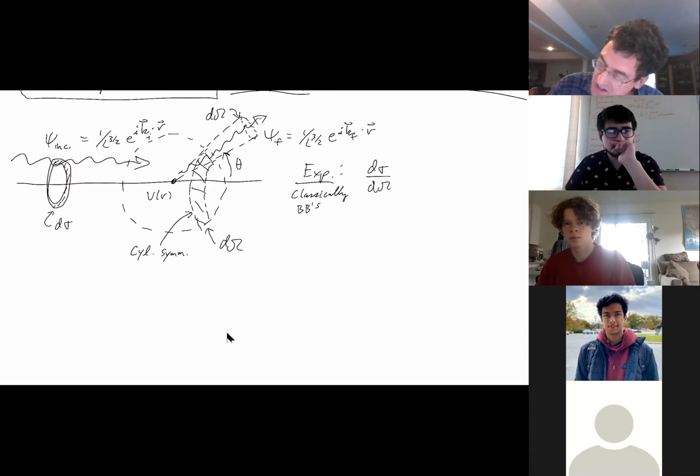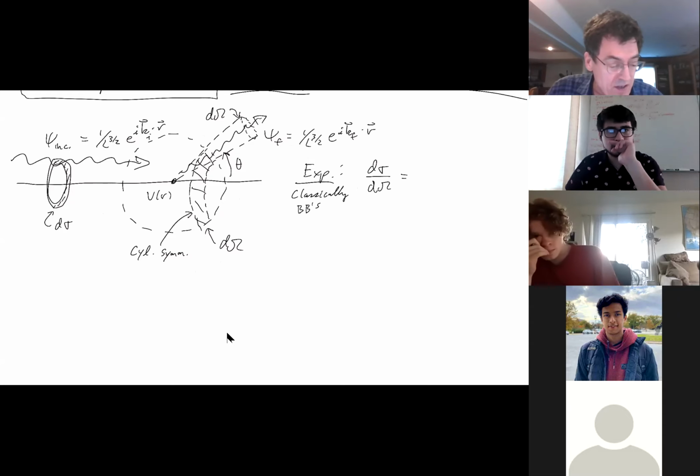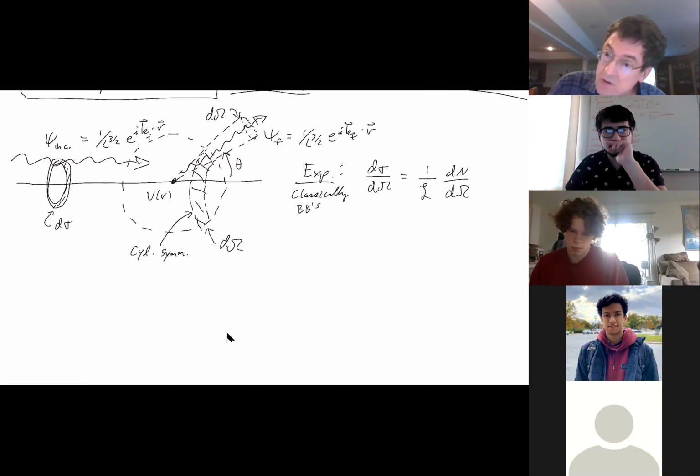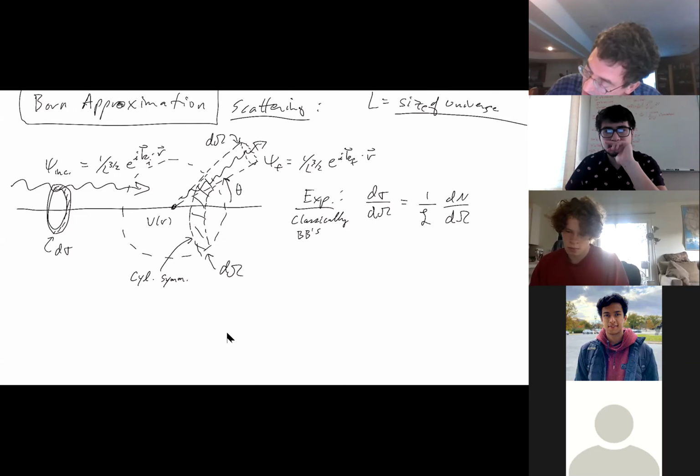The differential cross section is going to be 1 over the luminosity times dN over d omega, where L, the luminosity, is the number of particles per time per area that are incident.